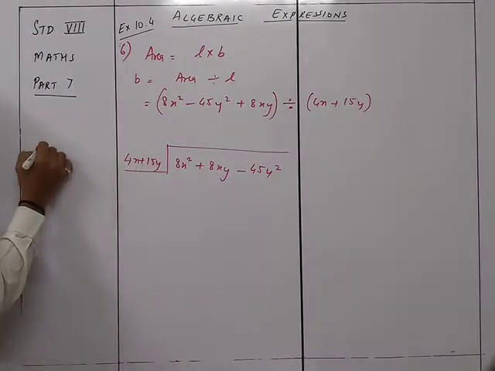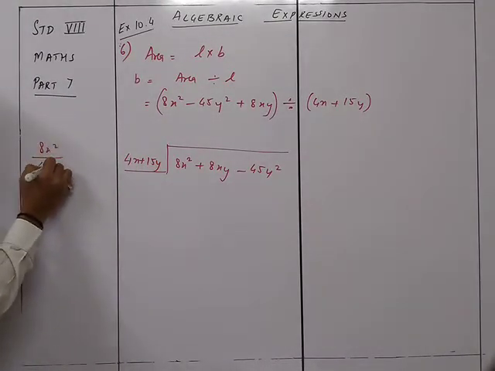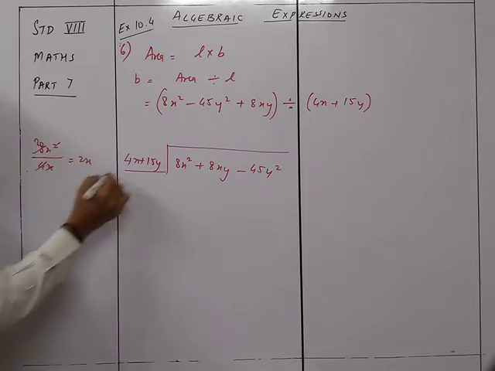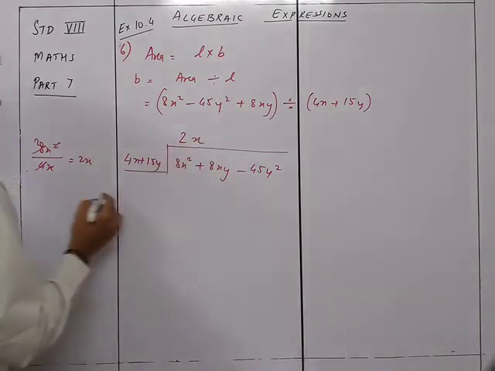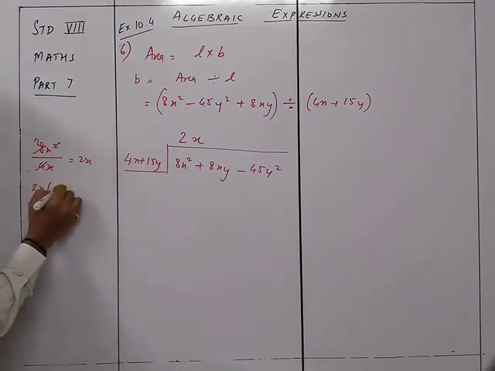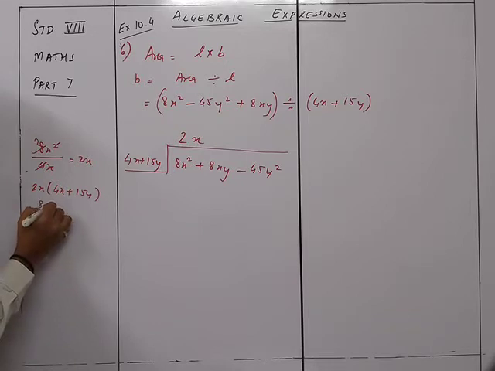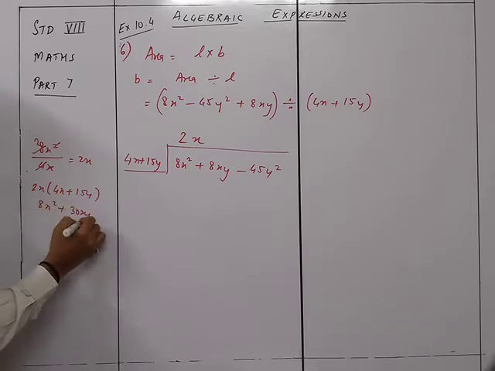First of all, it will be 8x square upon 4x. So 4 twos are 8, you cancel, it is equal to 2x. You put 2x here and write 2x into 4x plus 15y, which will be equal to 8x square plus 30xy.